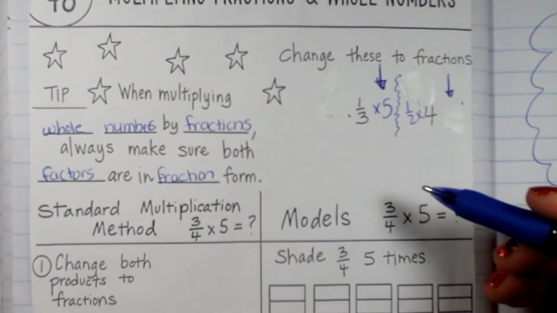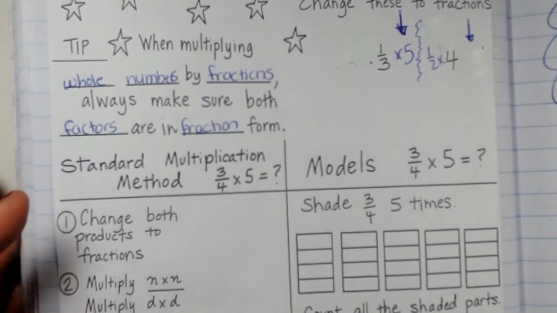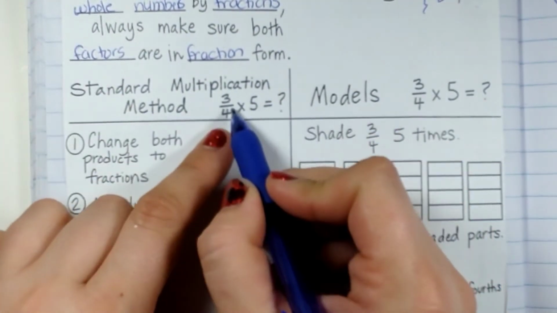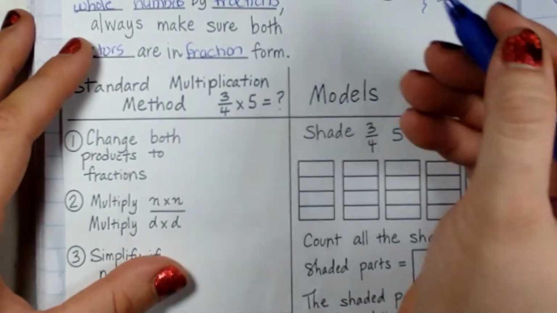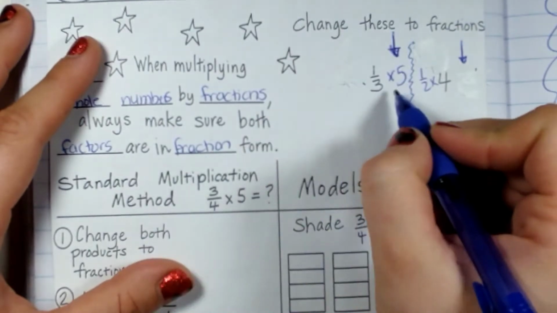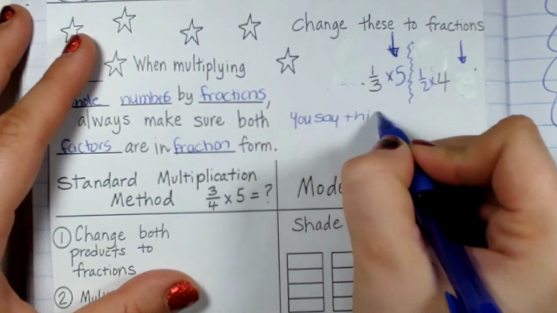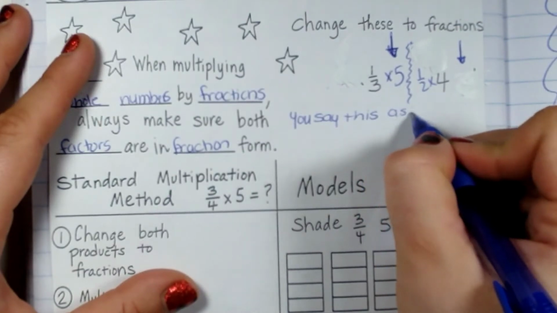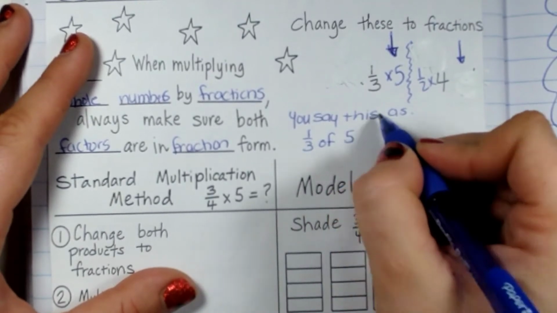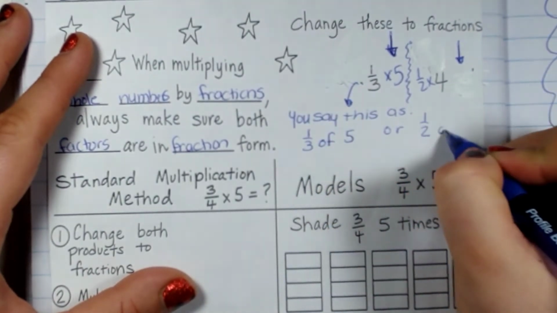All right, so the standard multiplication method, which is exactly what we did last lesson, is change both factors to fractions. The way that I would say this is 1/3 of 5, or 1/2 of 4.